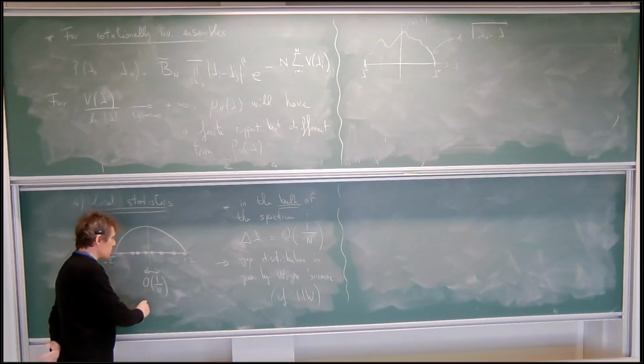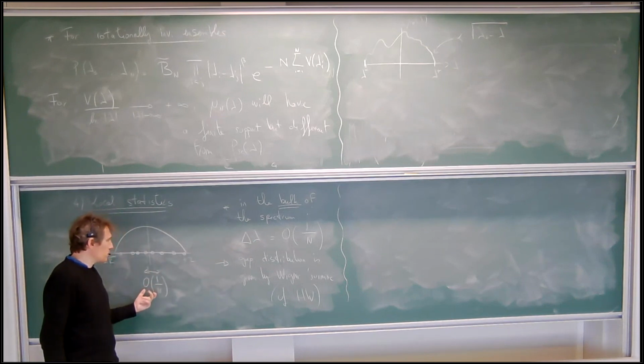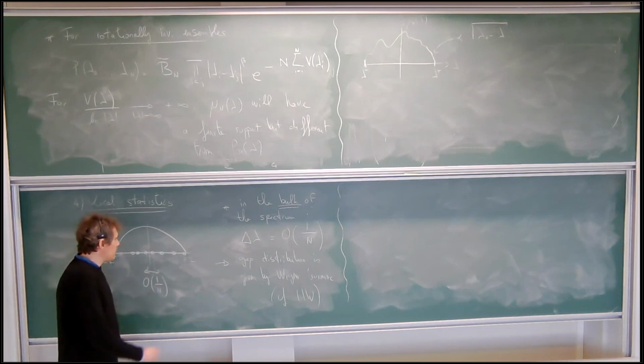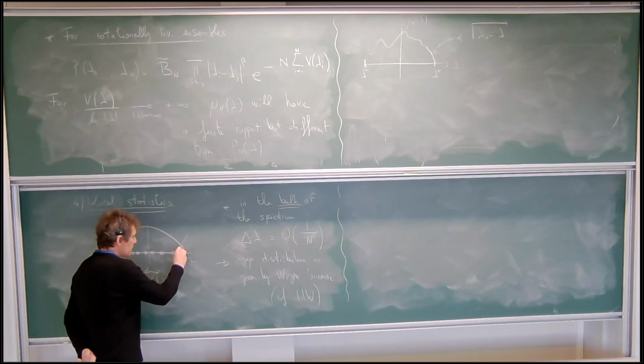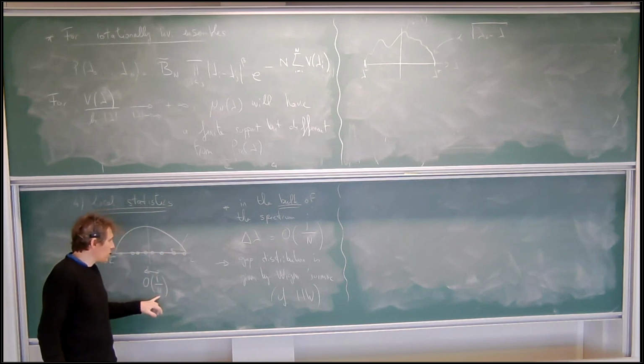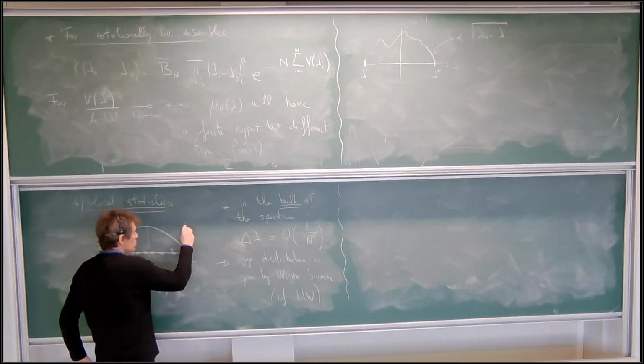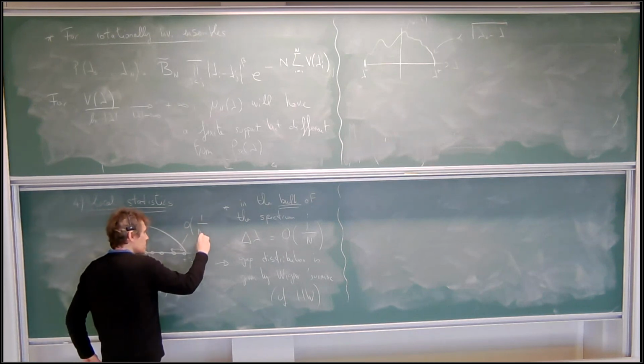One is the bulk, where the interparticle distance is typically of order 1 over N. But if you go to the edge here, and look at the gap between these two particles, the spacing is much wider than 1 over N. Instead of 1 over N, you have something different, which is 1 over N to the power 2/3.